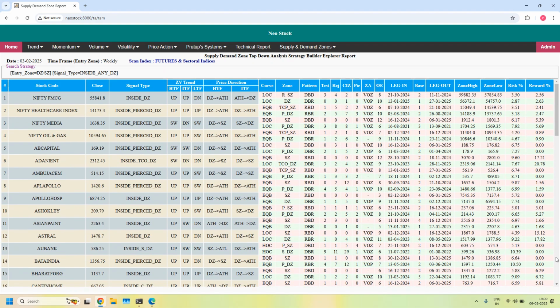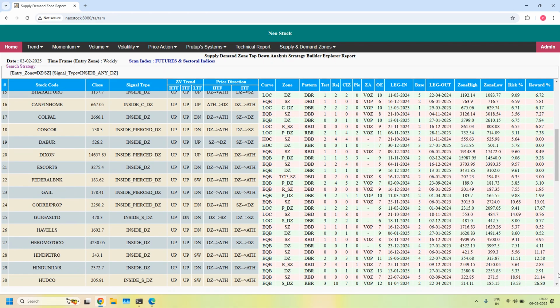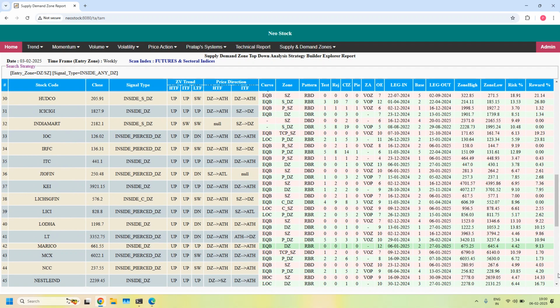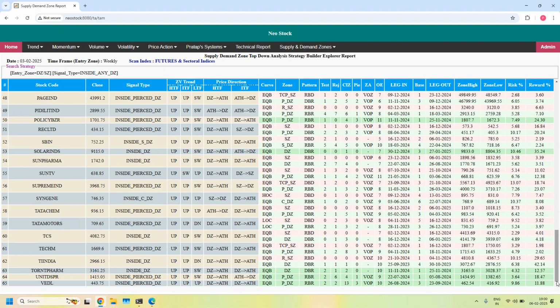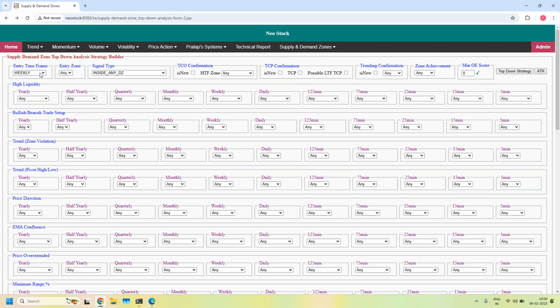So first 15 stocks in the list. Scrolling the list down. So total 65 stocks are filtered. Next, weekly time frame.